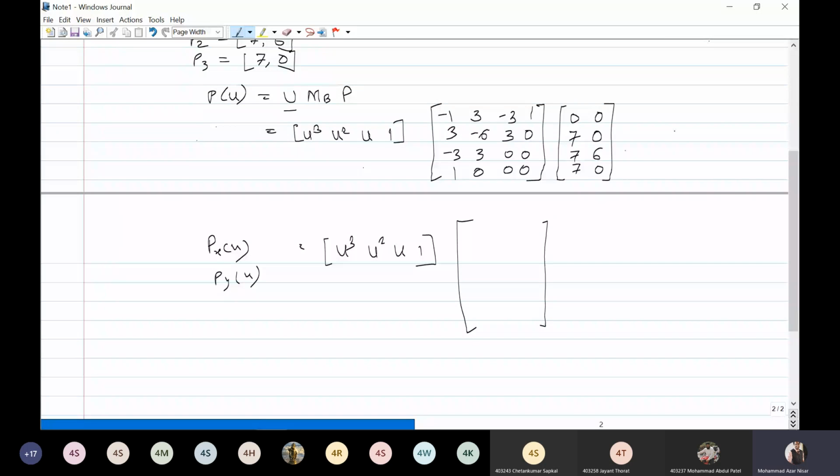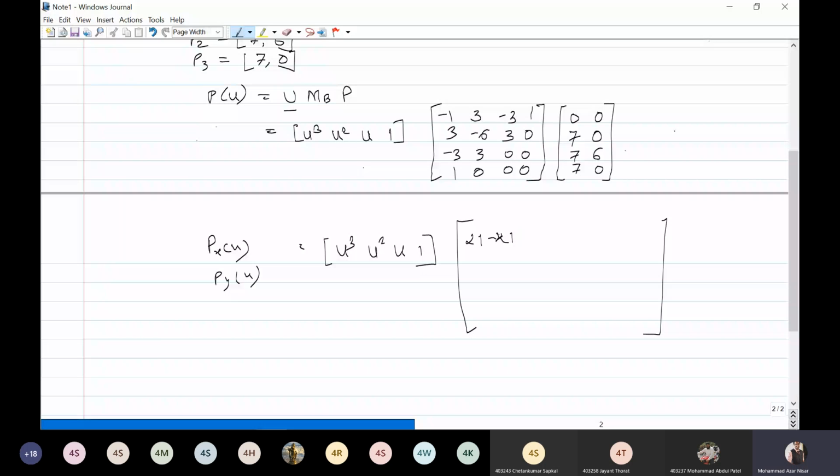First row: -1 into 0 is 0, 3 into 7 is 21. Then 3 into 7, 21. Then -3 into 7, -21. And 1 into 7, 7.